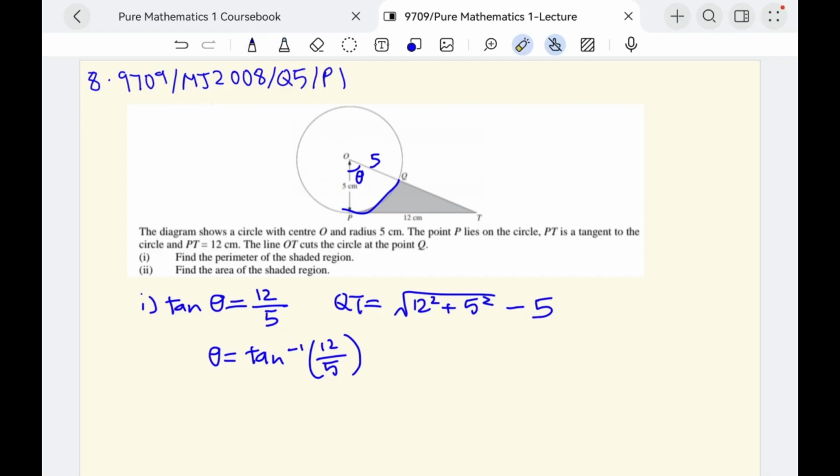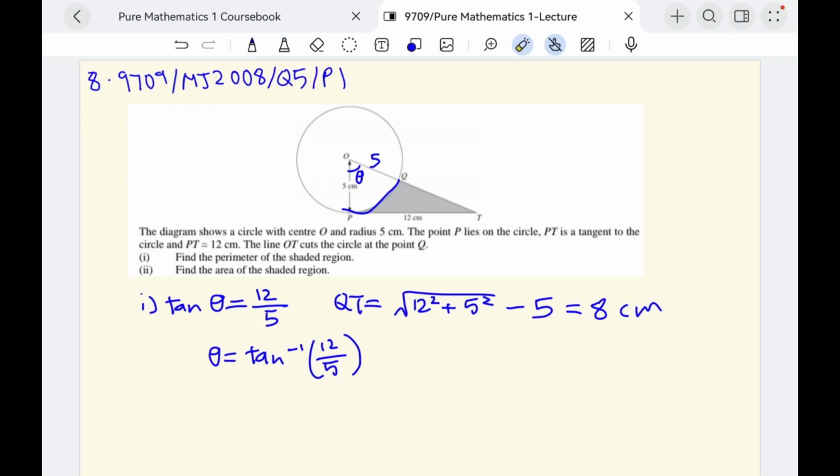Okay, because you just want to find the length of QT. Alright, so calculate and see how much you get. You get 8 exactly, cm.